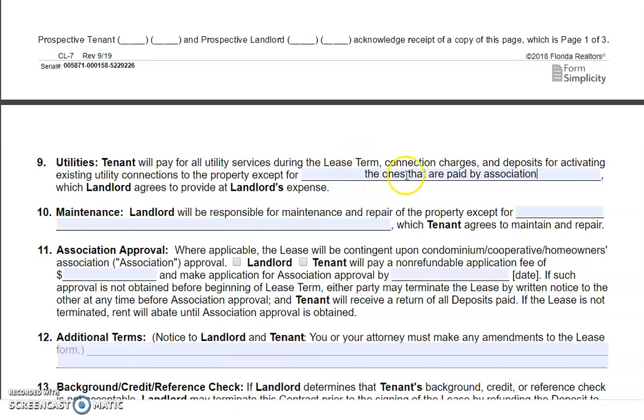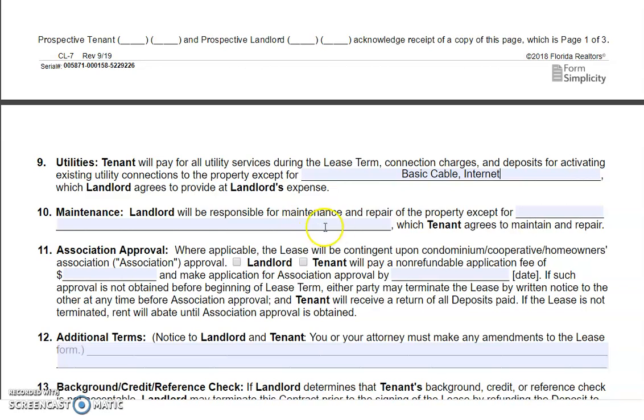You can write that. It can either be this one or basic cable. So both ways are okay.